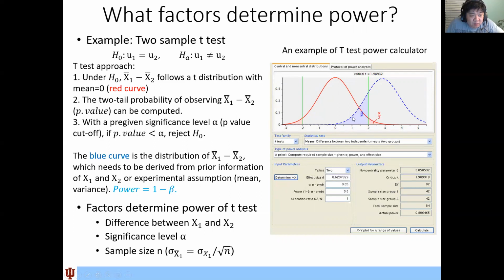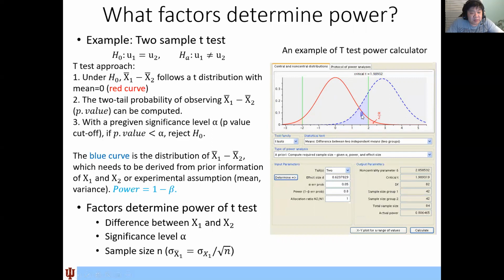So the blue part beta is the probability that we fail to reject although x1 is not equal to x2 based on our prior knowledge, when the value is on the left side of this line.